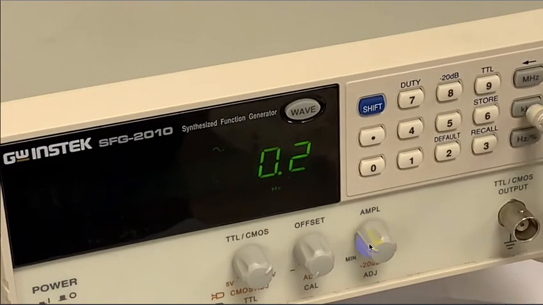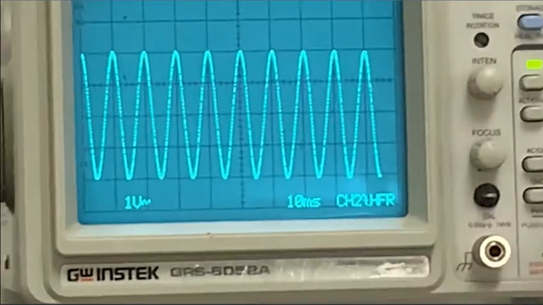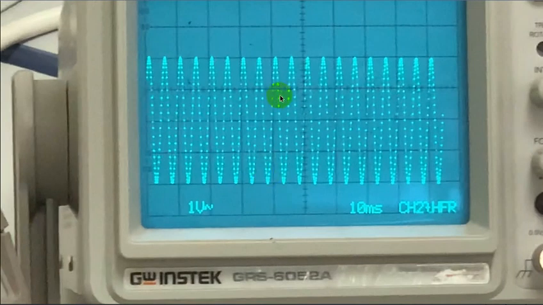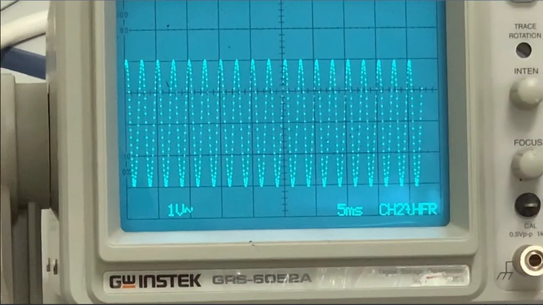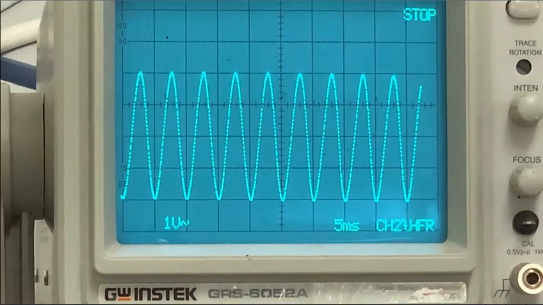Now let us set to 0.2 kilohertz, which becomes 200 hertz. Now see that the time period is compressed, so let us increase the time base from there, so it is now 5 milli. Set it, stop.